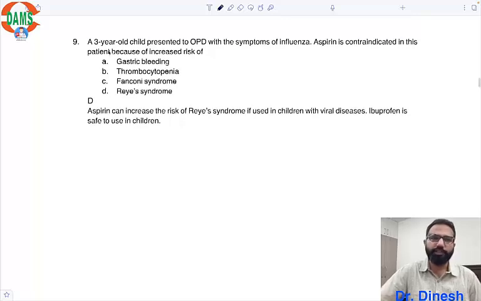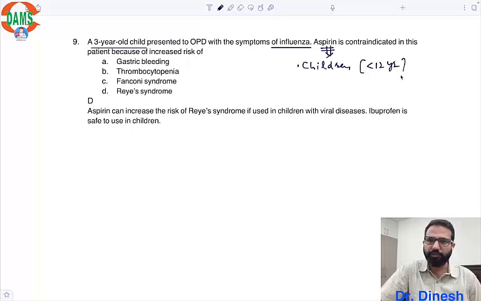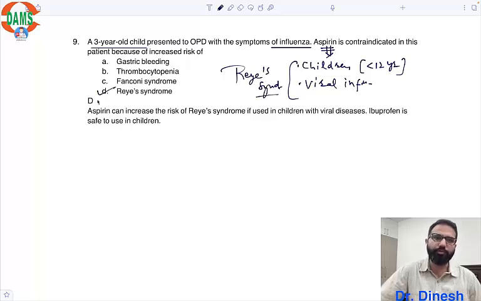Then comes a 3-year-old child, very young, presenting to the OPD with symptoms of influenza. Aspirin is contraindicated in this patient. Very important: if you use aspirin in children, mostly less than 12 years, or in viral infections, there is a risk of Reye syndrome.